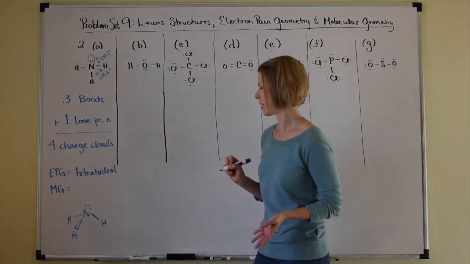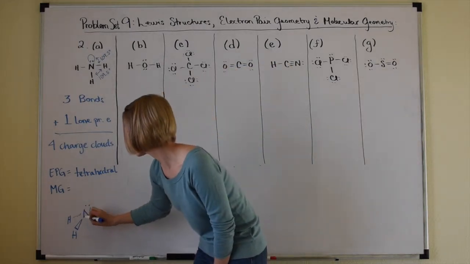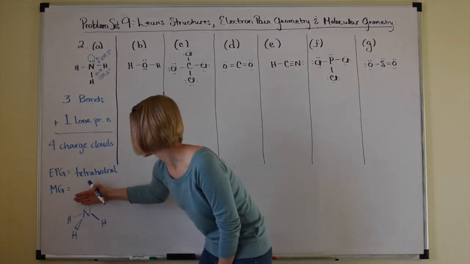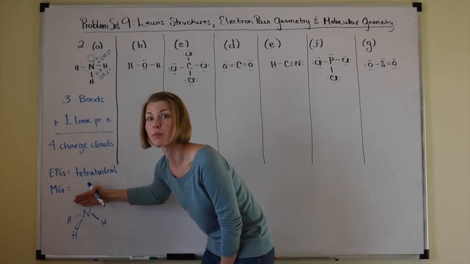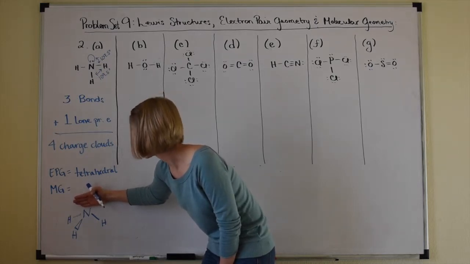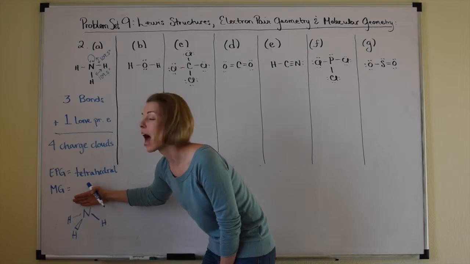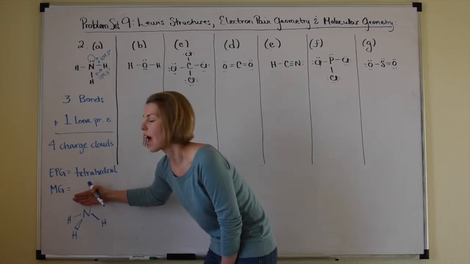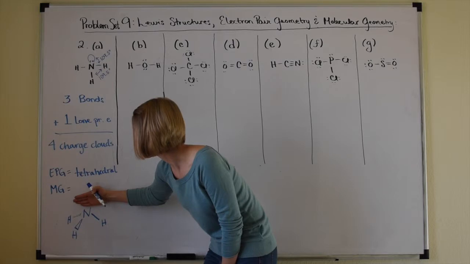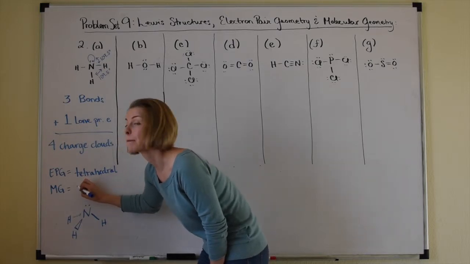So when we look at the molecular geometry, the lone pair does affect the bond angle and it does affect the shape. However, we just look at the atoms that are bound together and we can see that the molecular geometry of the molecule is pyramidal.